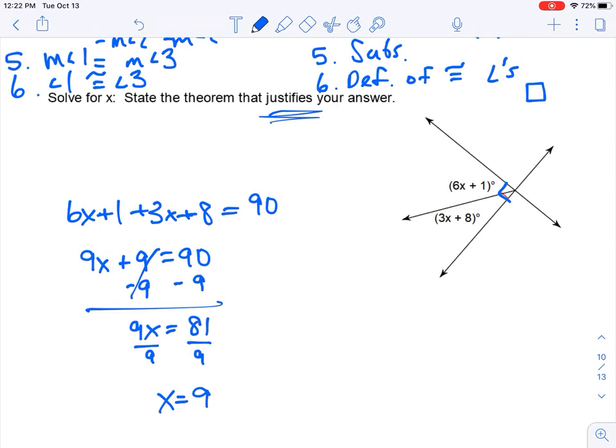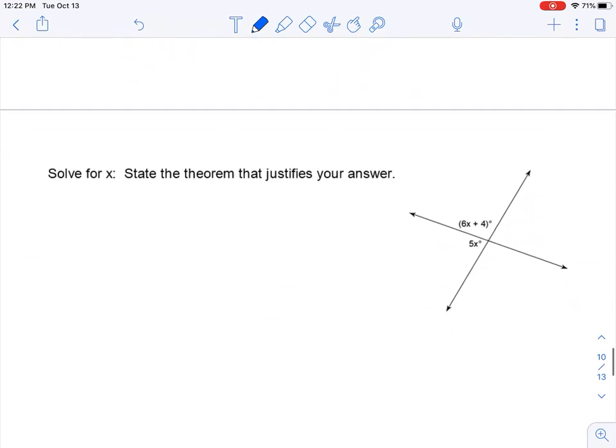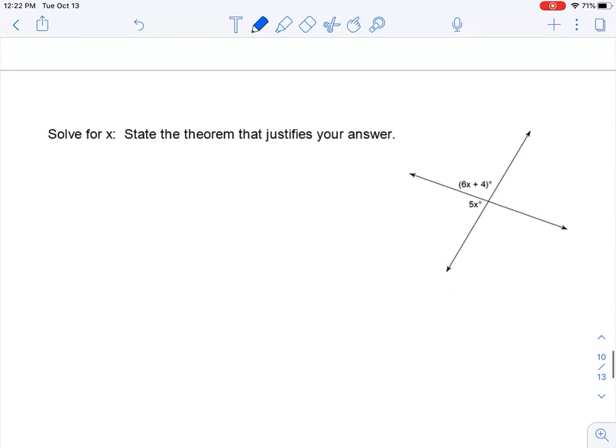Don't forget we have to justify. I'm going to justify using the complement theorem, because this is two angles that add and equal 90 degrees. For this problem, we are going to solve for x, so we have to figure out what we need to add and equal or equal them to each other.